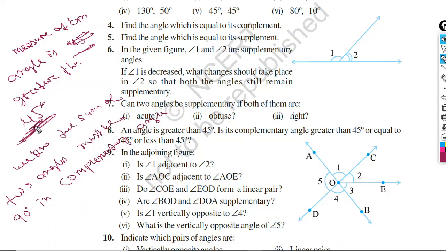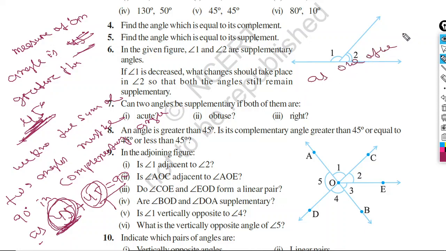Now one of the angles is greater than 45 degrees. Okay, so the next angle should be less than 45, as 45 plus 45 equals 90. As one of the angles is greater than 45, the second one should be less than 45.